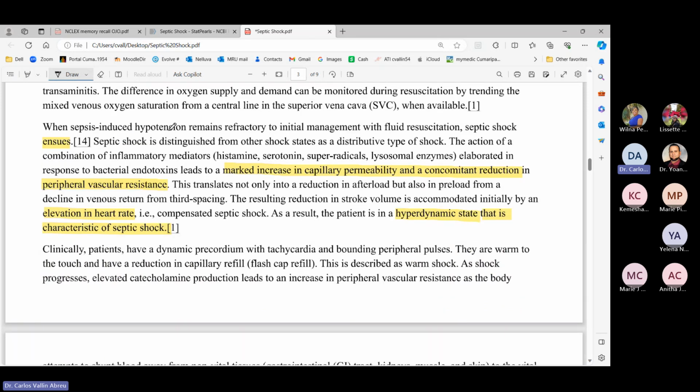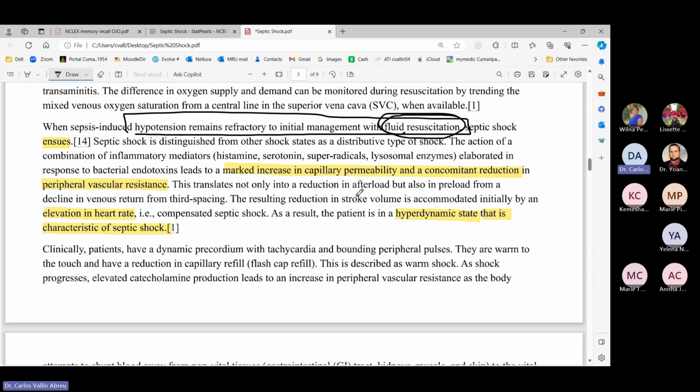When sepsis-induced hypotension remains refractory to initial management of fluid resuscitation, it is important because this is frequently tested. What is the first, initial, and most important intervention that you expect the physician will order to save and improve the client's condition? It is the fluid resuscitation.